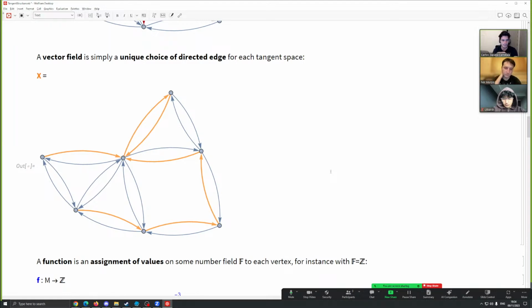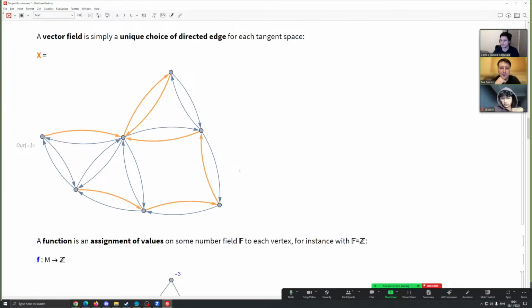But it has a constraint for it to be a vector field. Basically, the constraint is that you have one tail per vertex, and that's it, right? So there's a well-defined flow. You could almost think of this as some kind of map from vertices to vertices, not necessarily a permutation, but some kind of map, right?